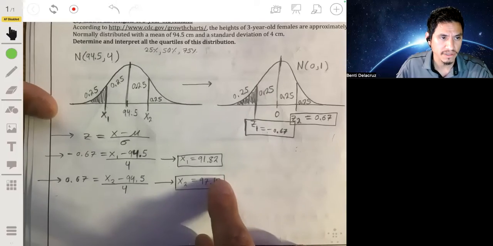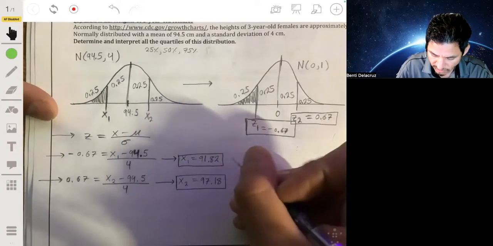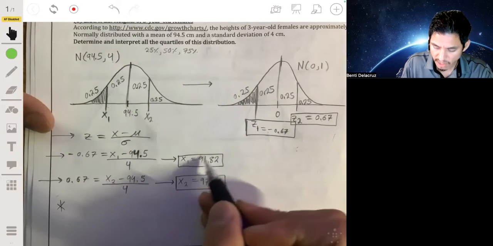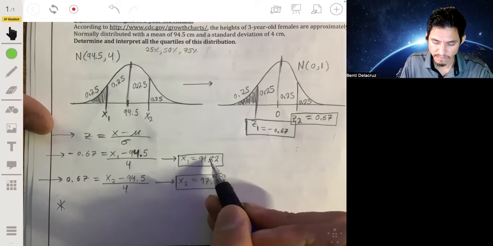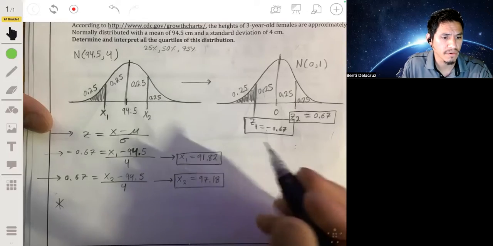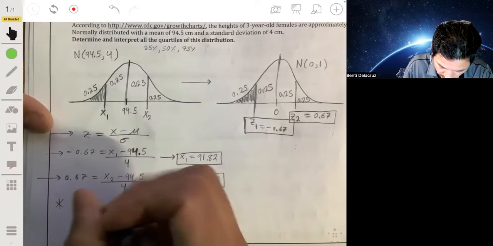So now we just interpret these. Remember, this is the 25th percentile. So we can say that about 25% of the 3-year-old females are below 91.82 centimeters.